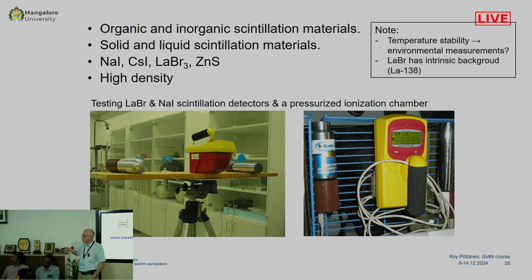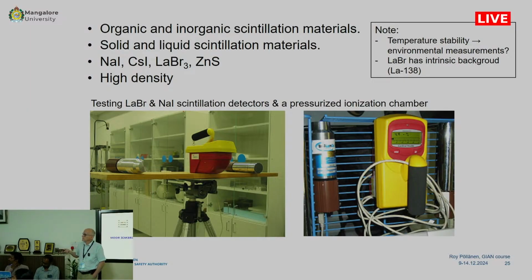But if you are using these types of detectors in environmental measurements, I mean outside the laboratory, the problem is that they are sensitive to temperature changes, so the energy calibration is not necessarily valid at different temperatures.